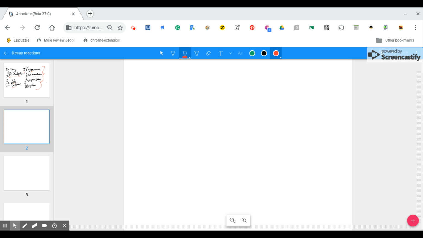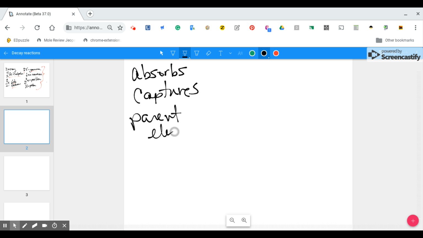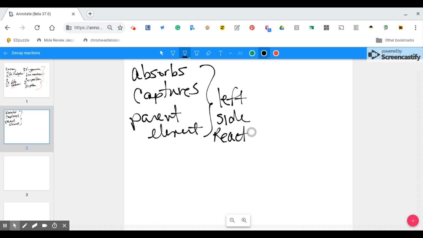Another thing you need to remember, when you start to write it, remember that if it says that it absorbs, captures, it's the parent element. These are things that go on the left side because these are reactants.